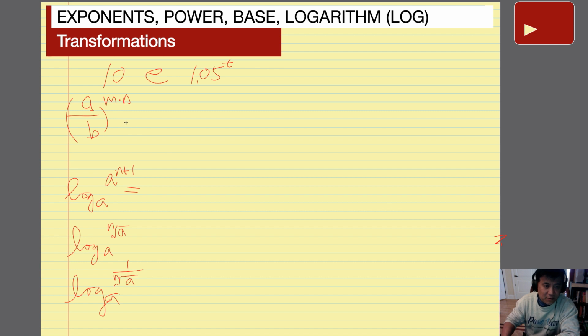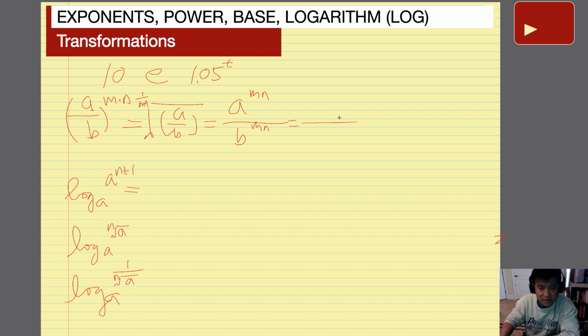Okay, so let's look at this one. There are many ways you can rewrite this. You can write this as the radical root of 1 over mn of a over b. You can write this as a to the power of m times n and b to the power of m times n.